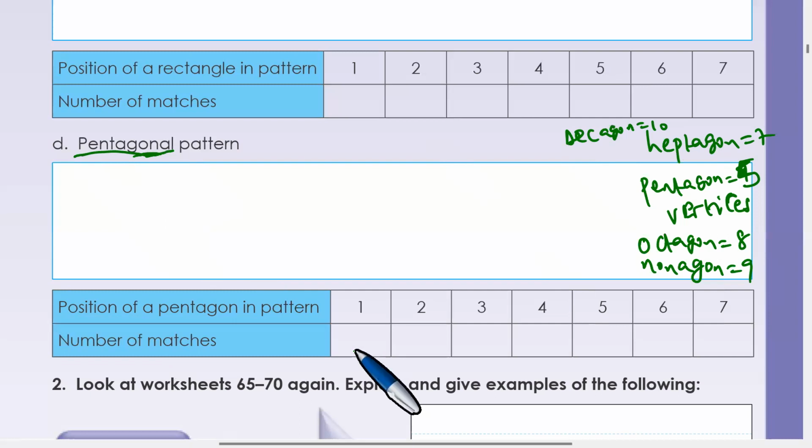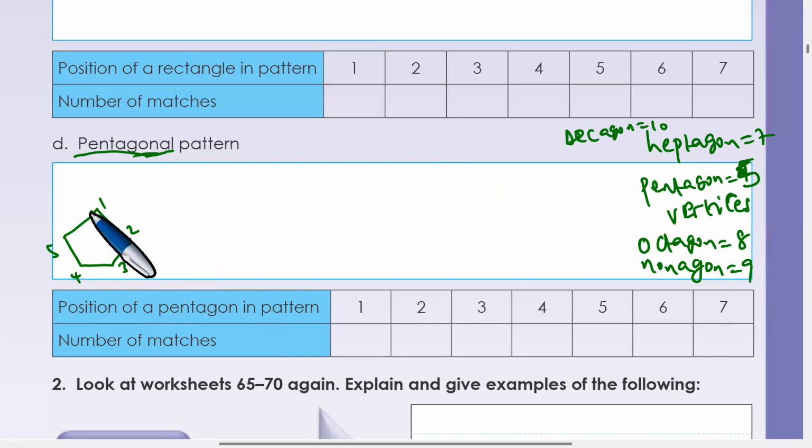How many matches are there? Are there 5 matches? Yeah, let's check. So you'd have this, that, this. How many here? 1, 2, 3, 4, 5.